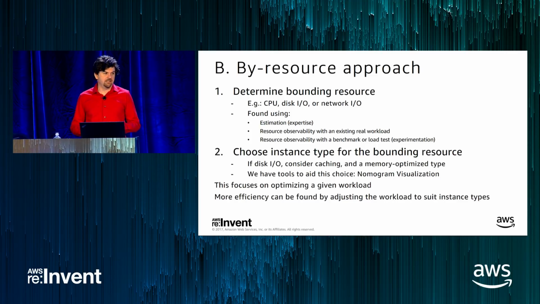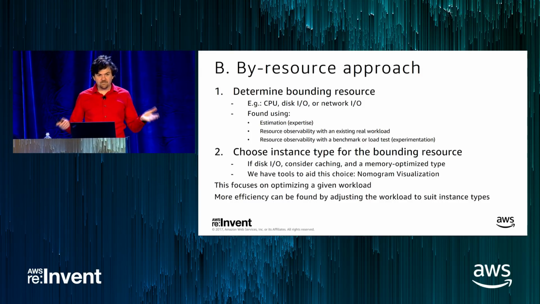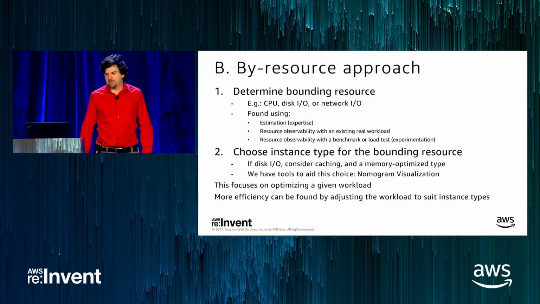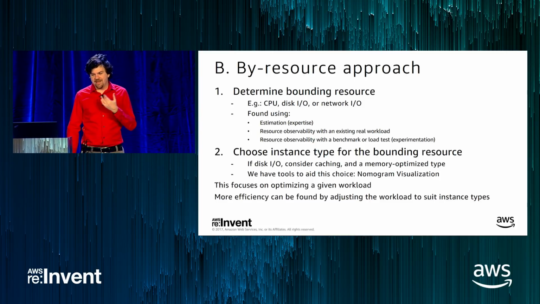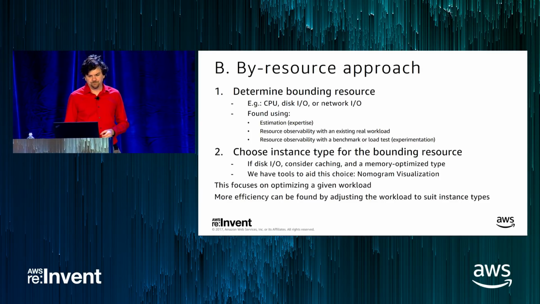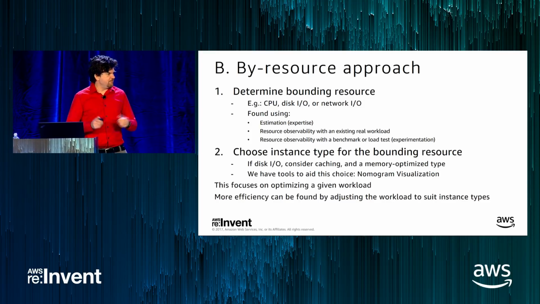We can canary a workload onto an M4 and then see which resource it's really hitting and then pick it based on that. And we can also do a benchmark or load test experimentation to figure out what should be the bounding resource for a synthetic workload. And then we choose the instance type based on that.